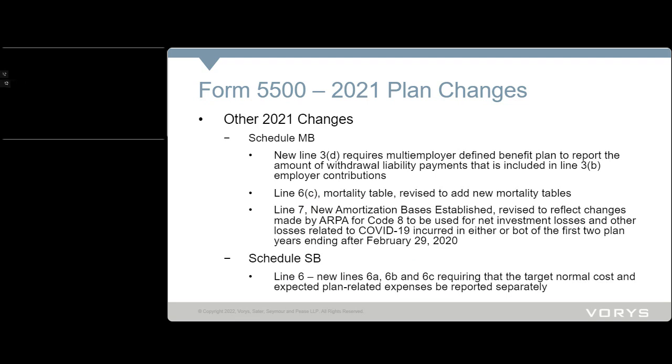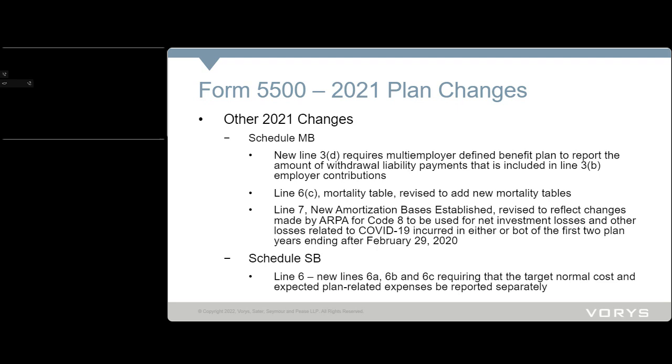Also in the 2021 instructions were changes to Schedule MB that applies to multiemployer defined benefit plans and certain money purchase plans regarding actuarial information. The new lines here report the amount of withdrawal liability payments. They reflect revisions to new mortality tables and a new amortization basis to reflect changes that were made by the American Rescue Plan Act.